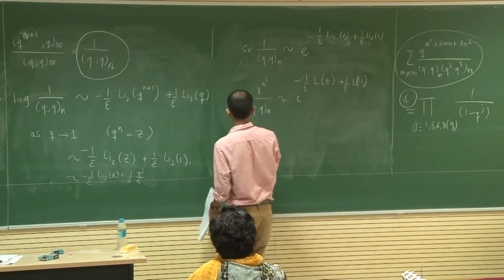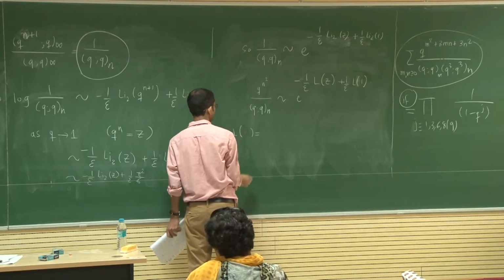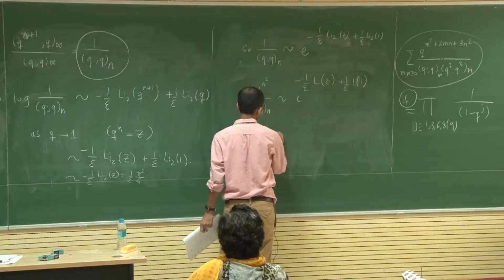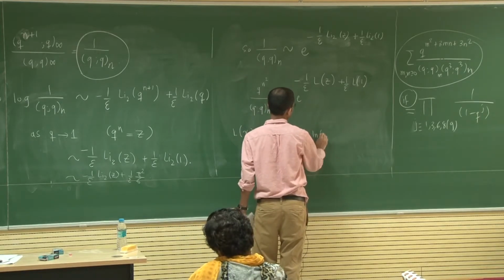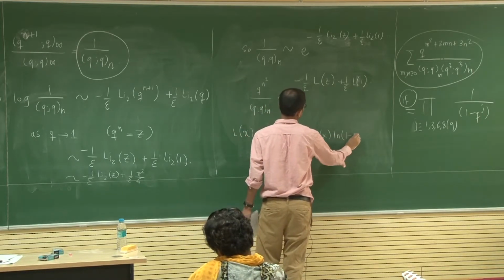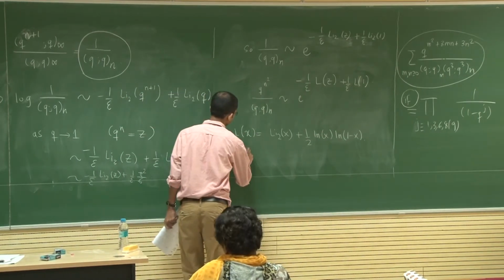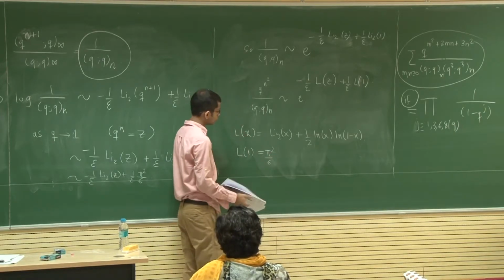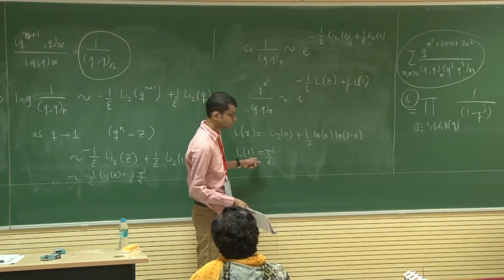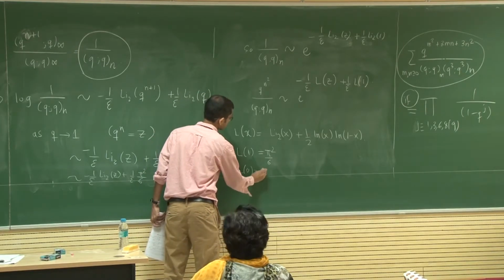Okay. What is Rogers dilogarithm? It is the actual dilogarithm plus half ln x and ln 1 minus x, and you define L of 1 equal to pi squared over 6. You do not have to define it actually, that is the limit as x approaches 1, it is easy to prove, and L of 0 is 0.